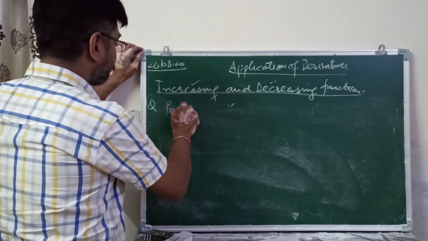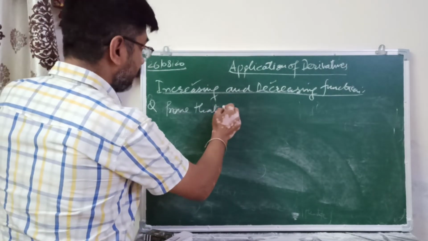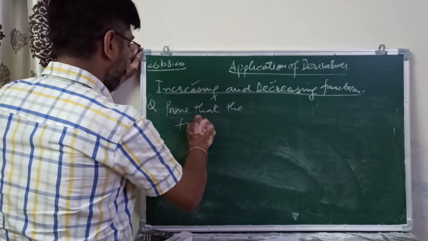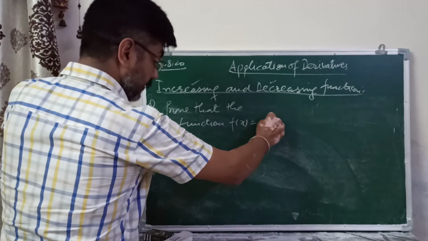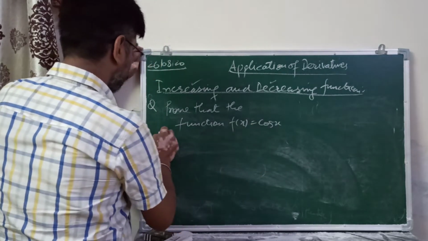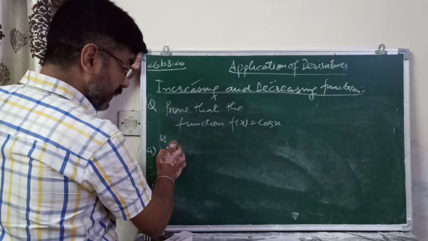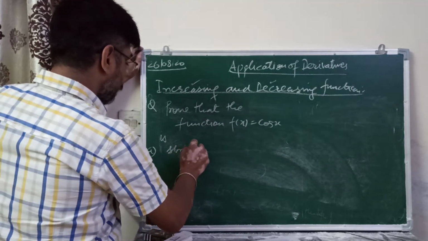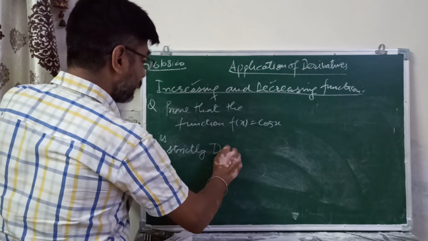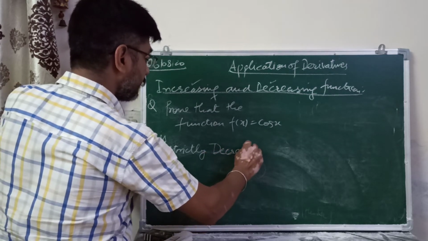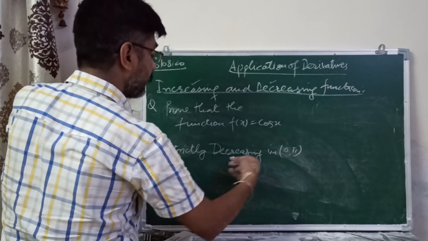Prove that the function f(x) equal to cos x is, part A, strictly decreasing in 0 to pi.